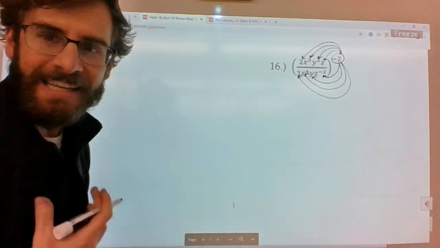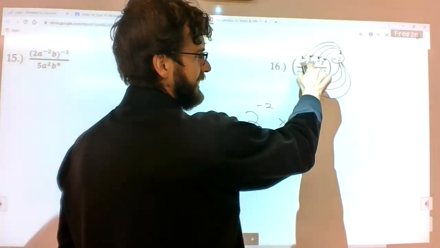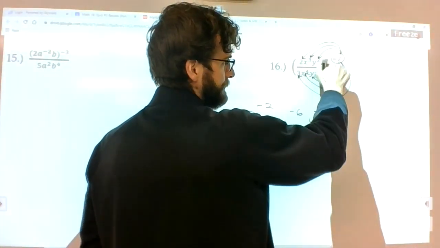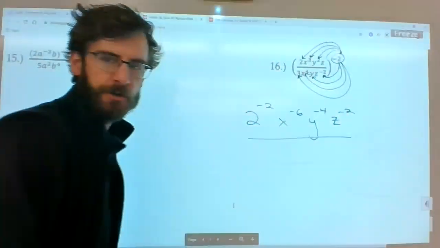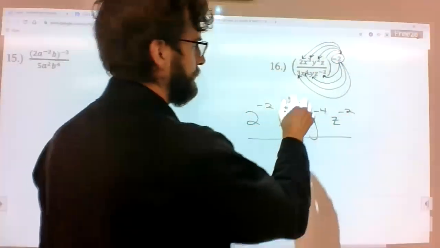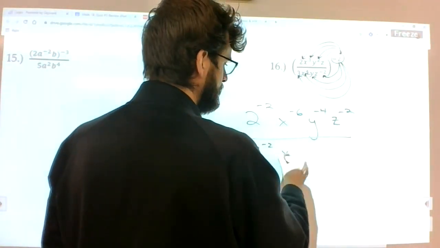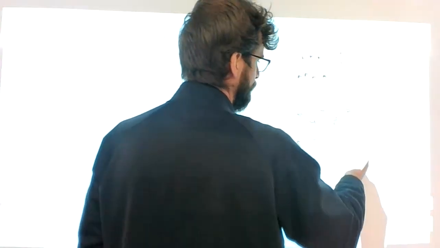Everybody gets that -2. So it's going to be 2 to the -2 power, x to the -6, y to the -4, z, looks like there's nothing there, so it's going to be z to the -2. There's your top. Your bottom is going to be 3 to the -2, x to the -8, y to the -2, and z to the +4.